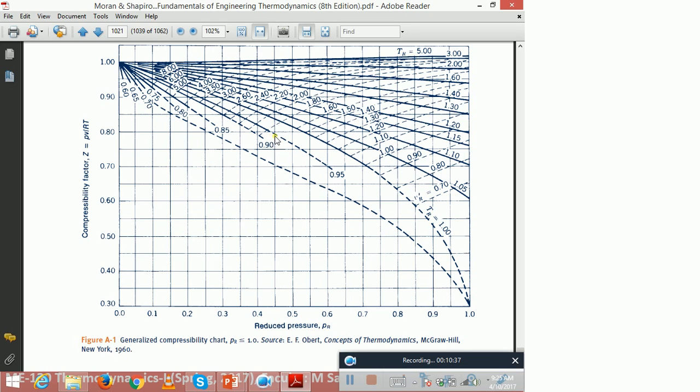What are these? You are talking about these dashed lines? Okay, this is the value for what? TR equals 1, TR equals 0.60. And by the way, you see that those dashed lines are slightly thicker than these ones. Okay, still those dashed lines are relevant to those TR values.